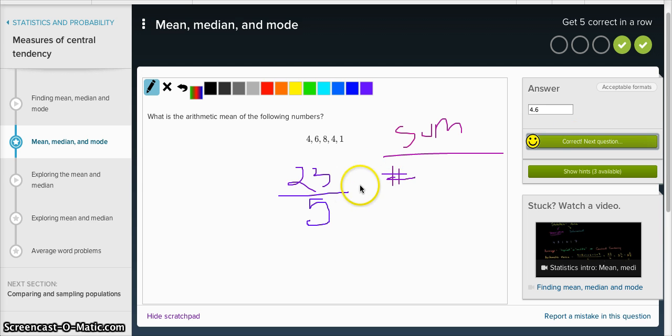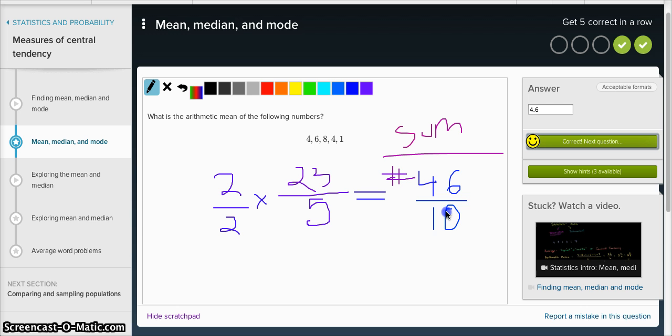If you're wondering how I did it in my head, I thought in my head 2 over 2, since that's equal to 1, if I multiply it by this, I'm still going to have something that's equal. Because 1 times anything is the same number, so 2 over 2 is equal to 1. And then that gave me 46 tenths. By the way, this has nothing to do with mean, median, and mode.